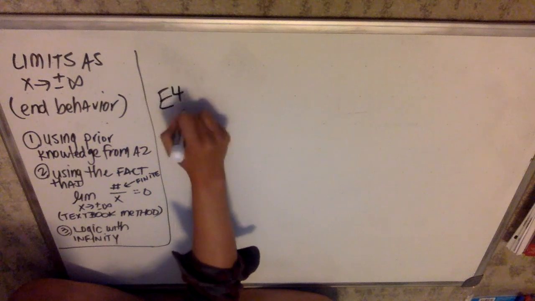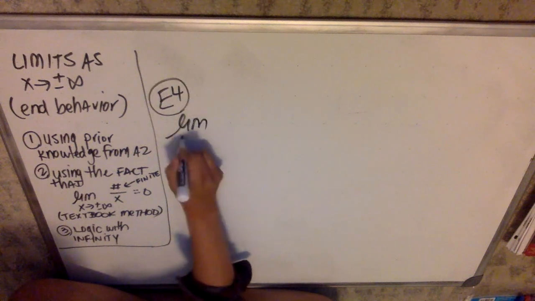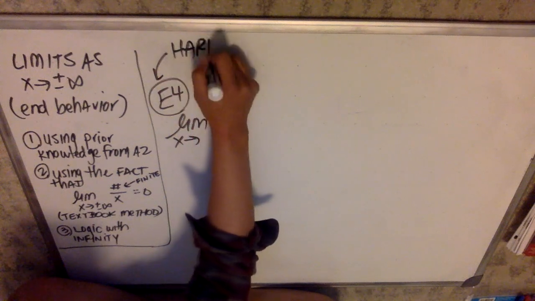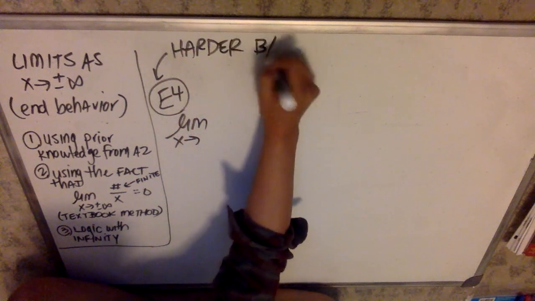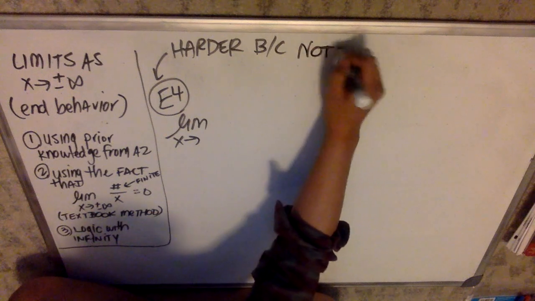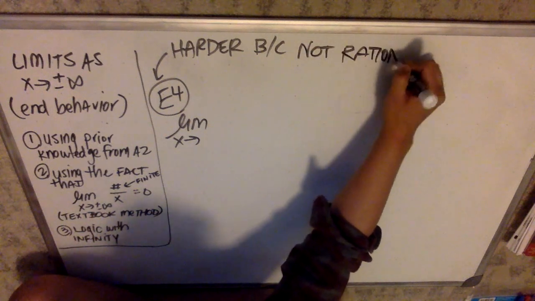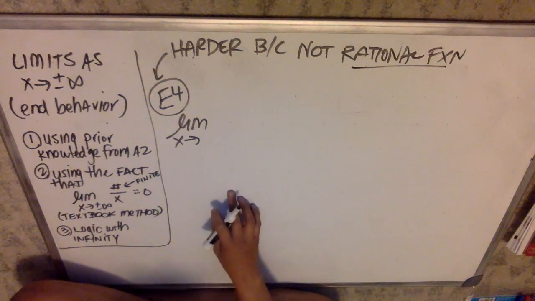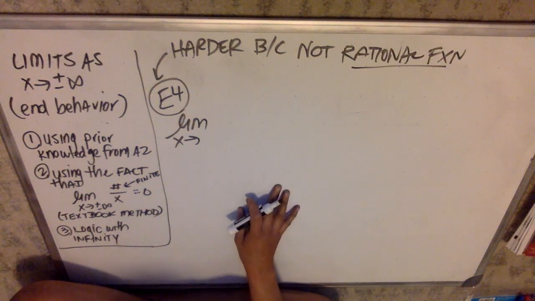All right, so let's do the limit. So here's when this is going to get harder, because it's not going to be rational functions. What makes it not a rational function is I'm going to throw a root in, and it's going to make it a little bit more difficult to deal with.